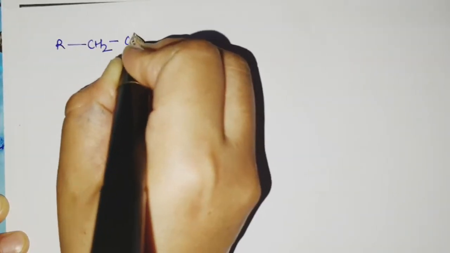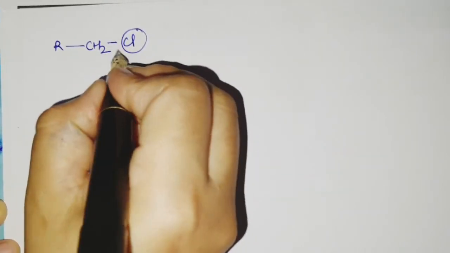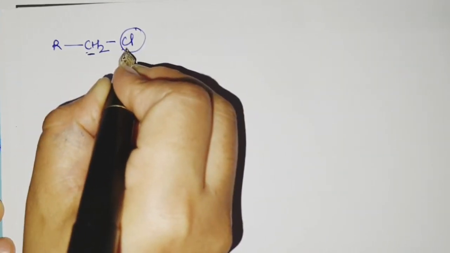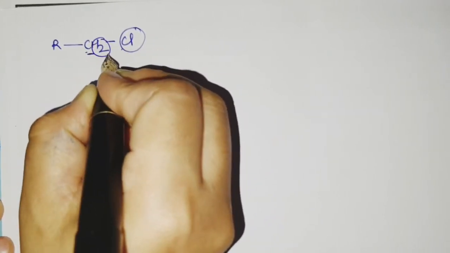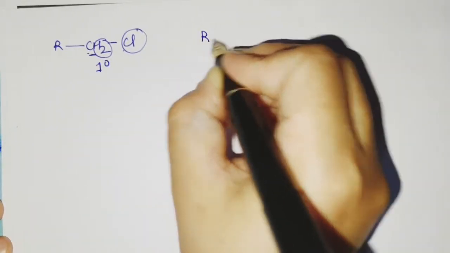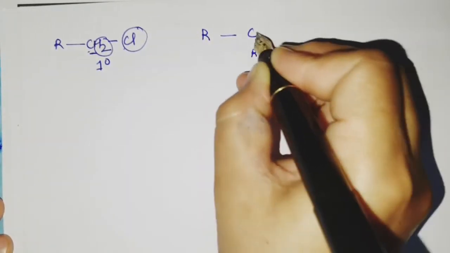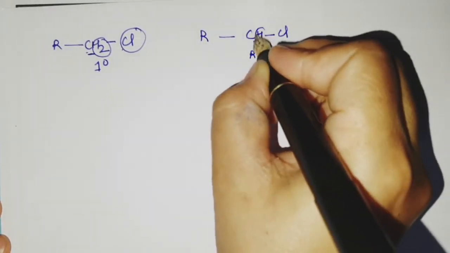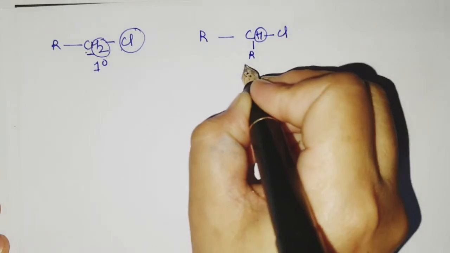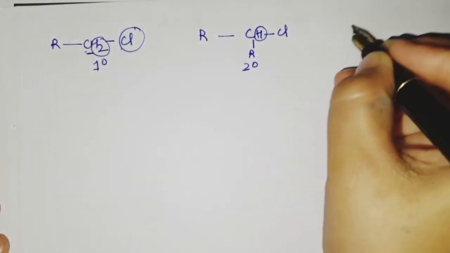What is a 1 degree halide? The carbon which is directly attached to the halide: if that contains 2 hydrogens, it is called 1 degree. If the carbon attached to the halide contains only 1 hydrogen, this is secondary halide.